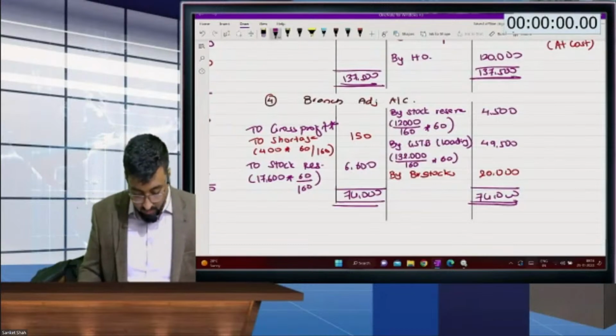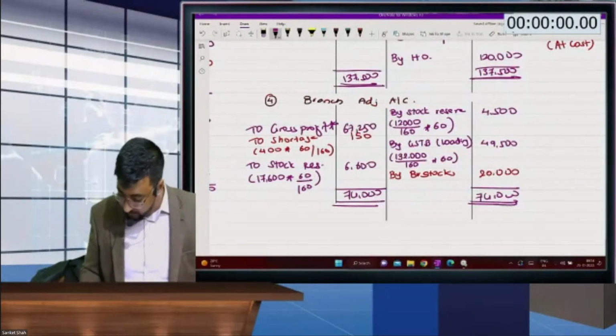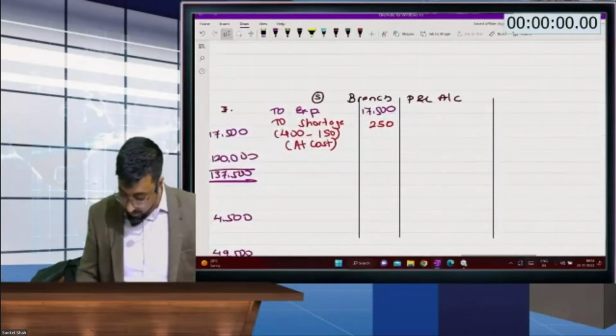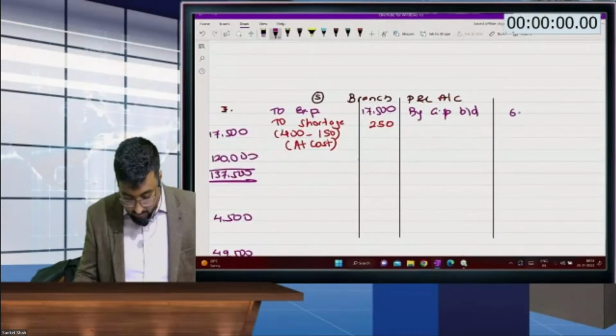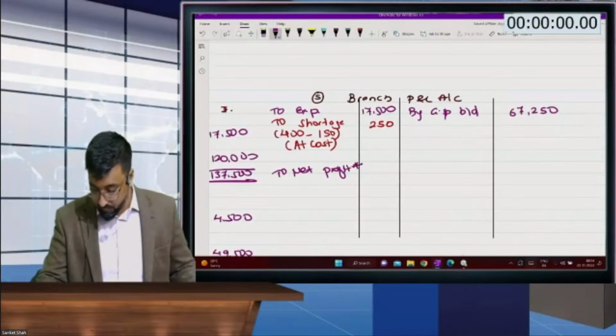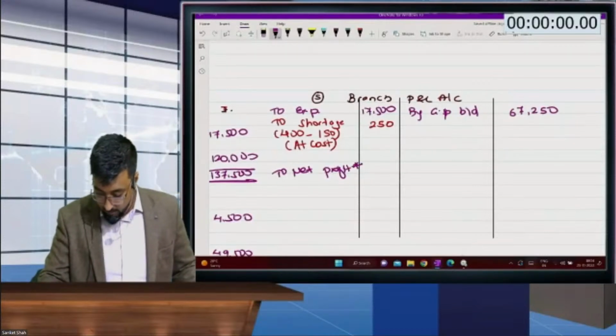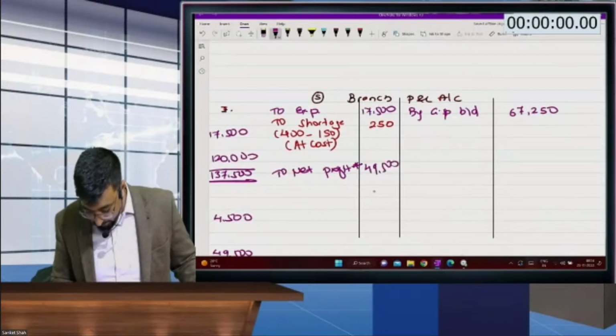So 67,250 I am getting as gross profit, and by GP brought down 67,250, and you are getting to net profit 49,500.